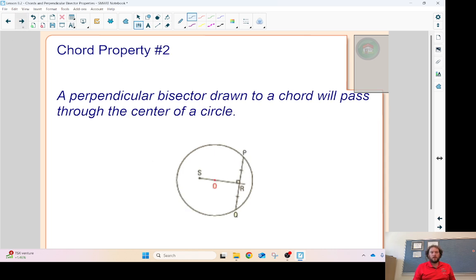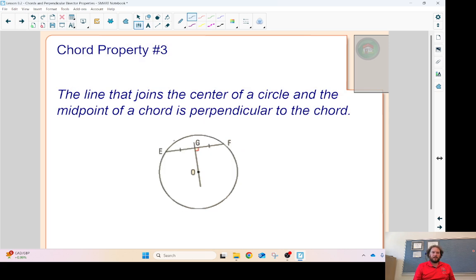Property number two: a perpendicular bisector drawn to a chord will pass through the center. Again, you'll notice we have the same words here: perpendicular, bisector, and center. In this case, the two prerequisites are that we have a perpendicular, or a right angle, and that it's a bisector. So this line will pass through the center of my circle.